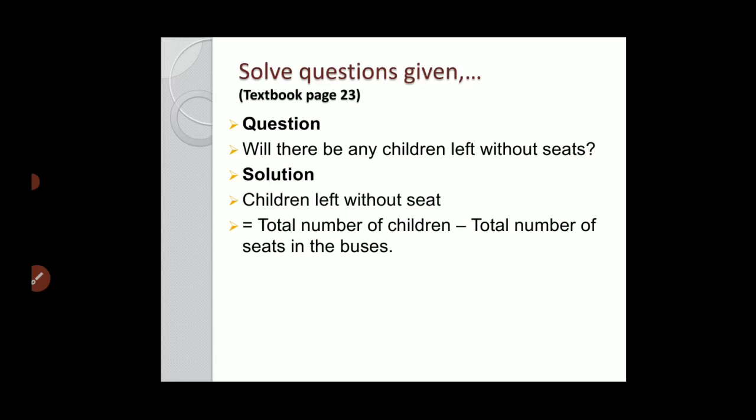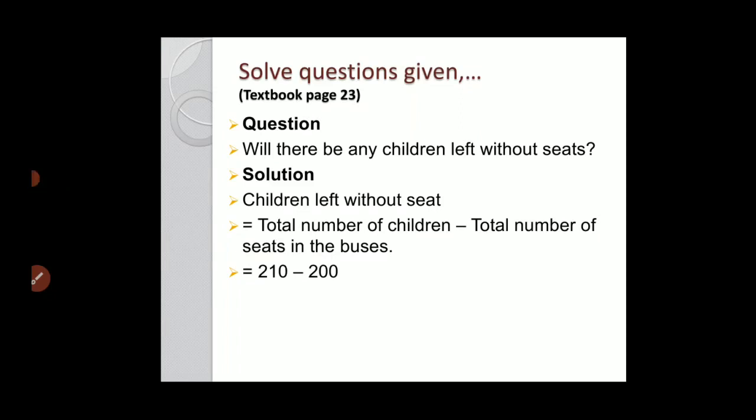So to find out how many children are left without seats, we will subtract the total number of seats in the buses from the total number of children. The total number of children is 210, while the total number of seats in the buses we have calculated earlier is 200. So children, it is a very simple calculation.